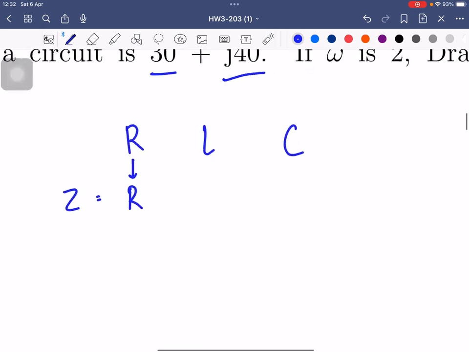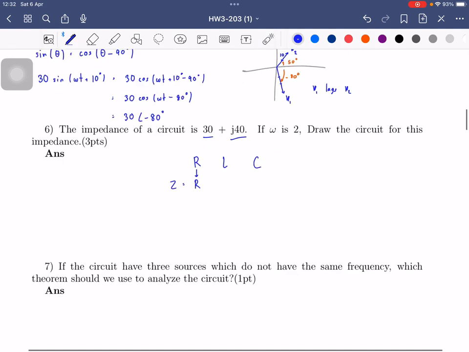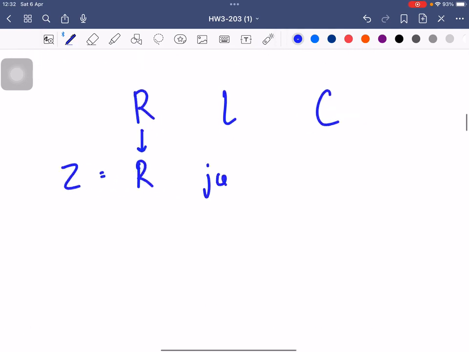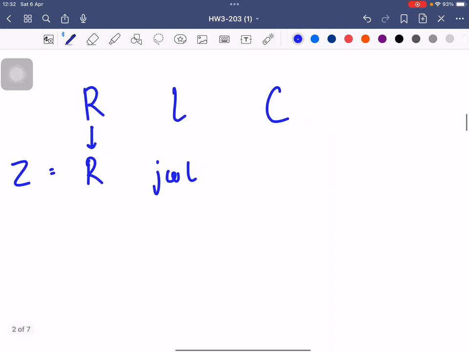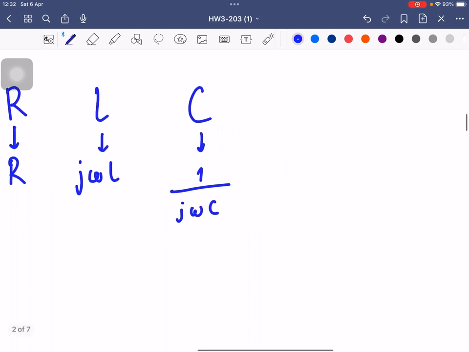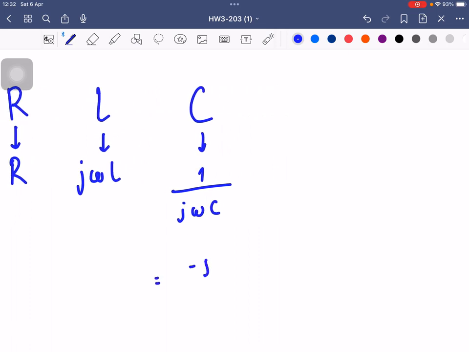And for the inductor, the impedance is J times omega times L. And finally, for the capacitor, the impedance is 1 over J times omega C, but we can rewrite it as negative J divided by omega times C.